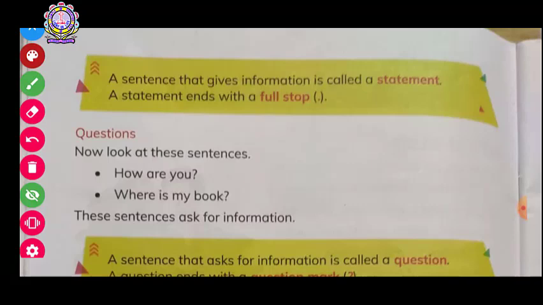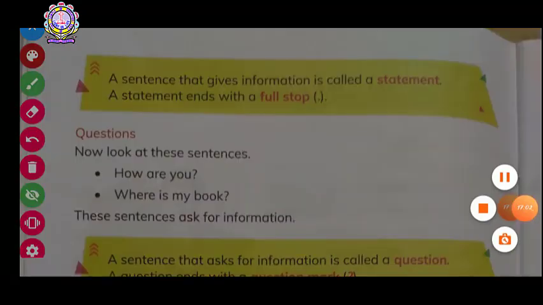And what is a statement? Statements are those which give us information regarding something. All right, and it ends with a full stop, and your sentence starts with a capital letter. This was the summary.